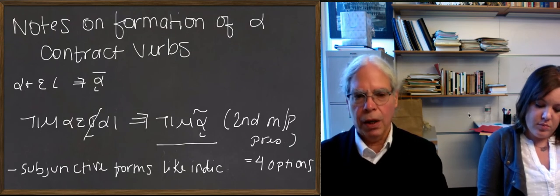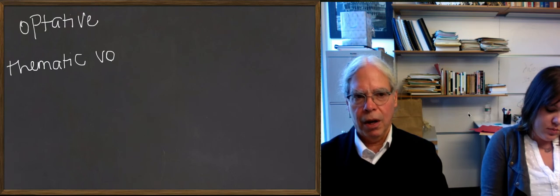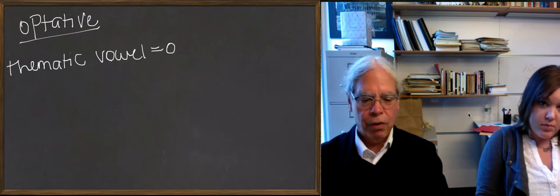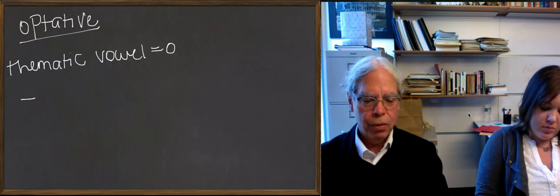Here's one more. When it comes to the optative, you may remember that in the optative, let's make it a principle, the thematic vowel is always omicron, and it's just like participles. So that means that every optative where you have an alpha in the stem, you're going to have an omega. If you look at the formation of the optative on page 234 in the book, you've got timo-mi, timos, and timo.